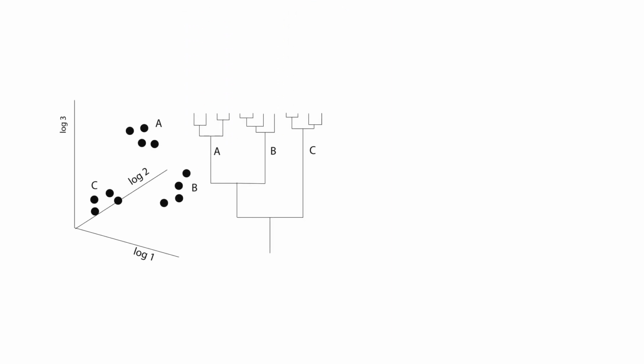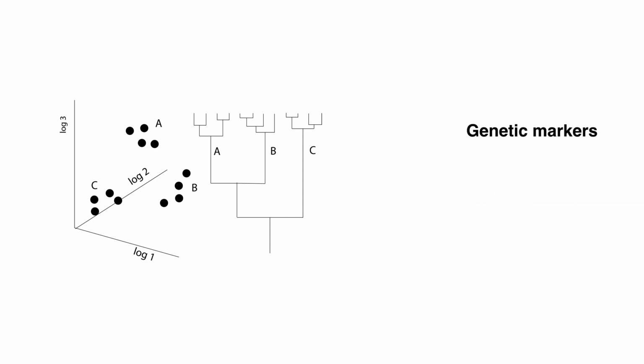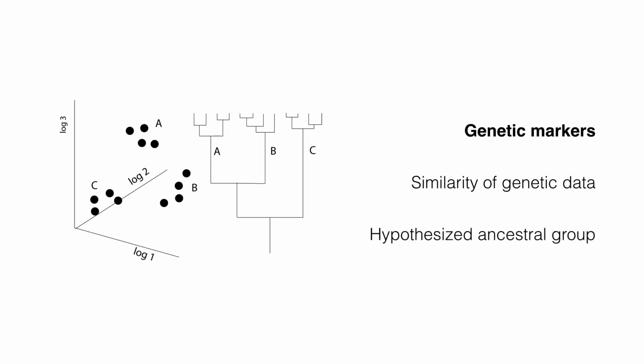Alternatively, cluster analysis or clustering is a task of grouping a set of objects in such a way that objects in the same group, called a cluster, we have clusters A, B, and C on the figure on the right, are more similar to each other, closer to each other than those in other groups or clusters. Genetic markers can be used in cluster analysis of the degree of similarity of genetic data between individuals and groups in order to infer population structures and assign individuals to hypothesized ancestral groups.